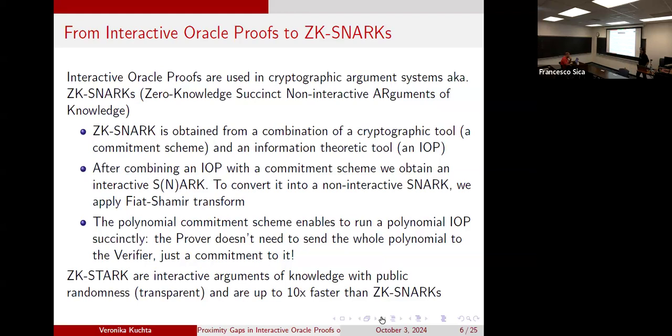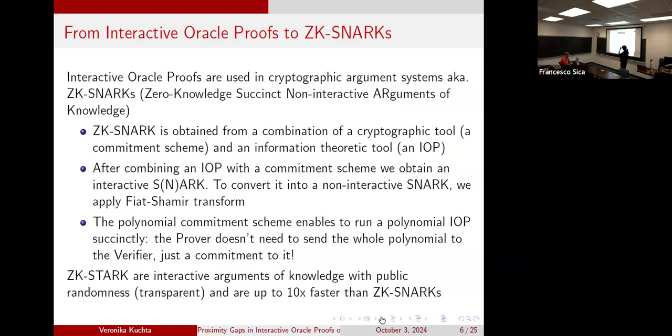And those cryptographic argument systems are also known as ZK-SNARKs. This stands for zero knowledge. SNARK stands for succinct, meaning short proofs, right? Non-interactive, so there is no interaction between the prover and the verifier. Arguments of knowledge, meaning that the prover's power is bounded, right?